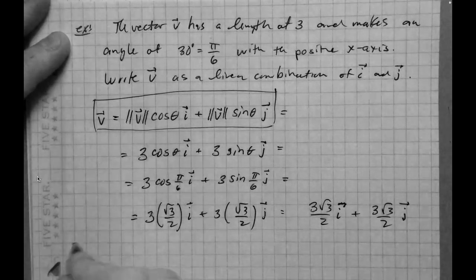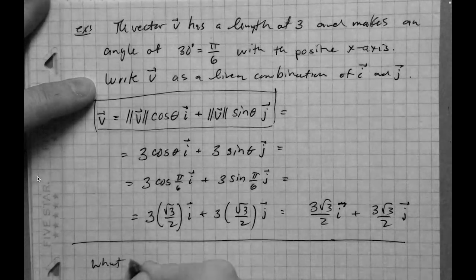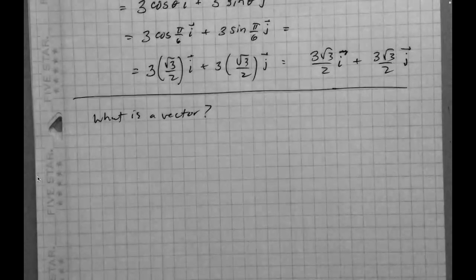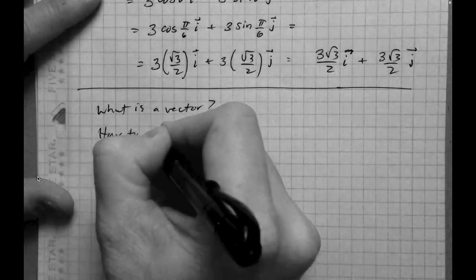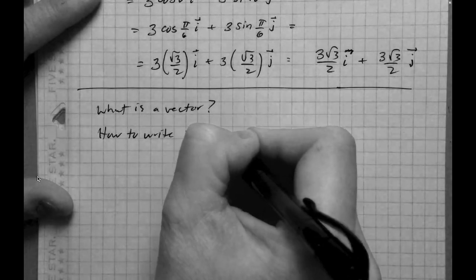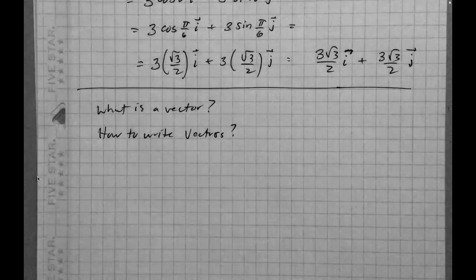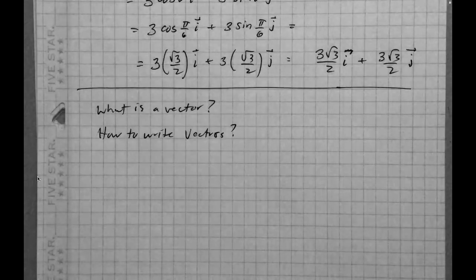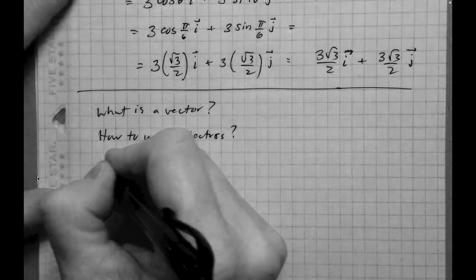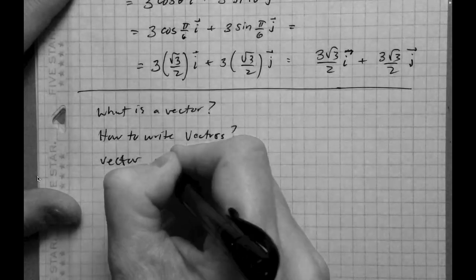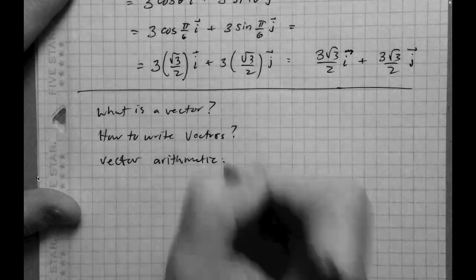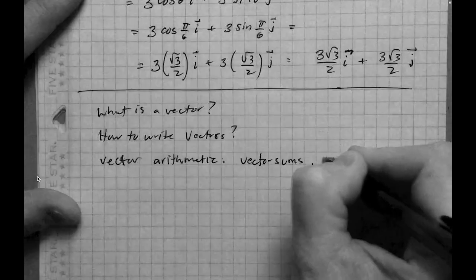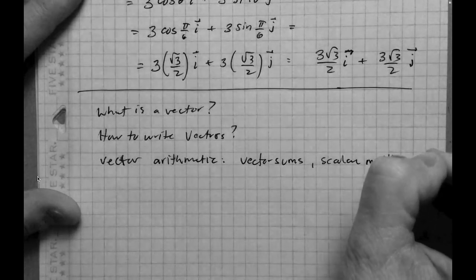So key things to remember here are what is a vector, and how to write vectors, some of the different approaches to representing vectors, so component form, directed line segments, etc. Vector arithmetic, particularly vector sums and scalar multiplication.